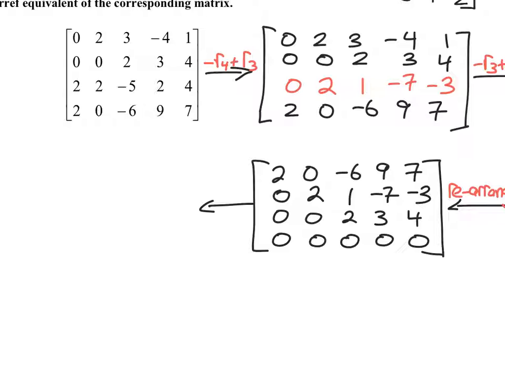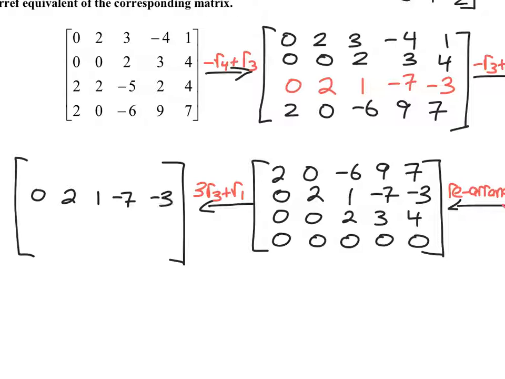So positive 3, R3 plus R1. I'll reproduce all the other rows, and then put in row 1.